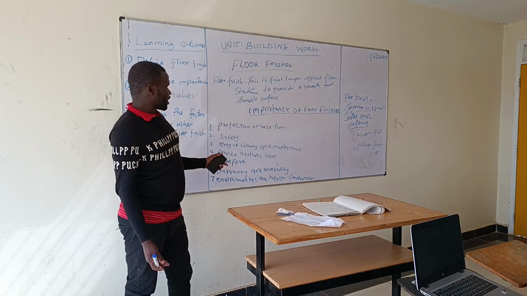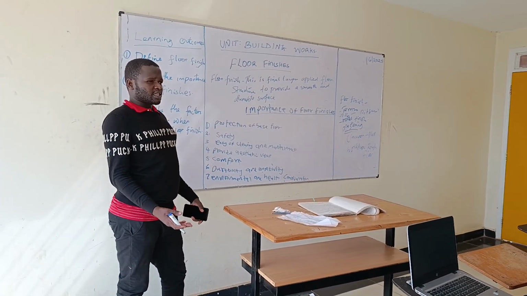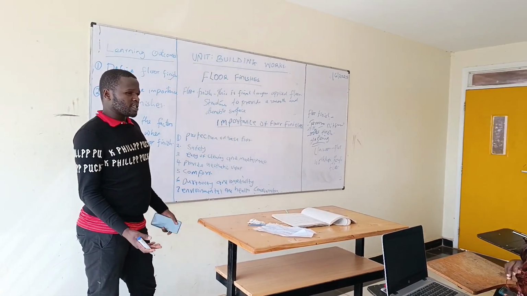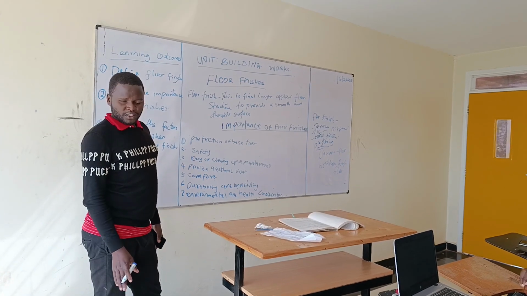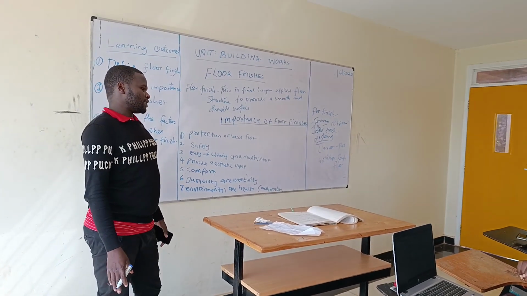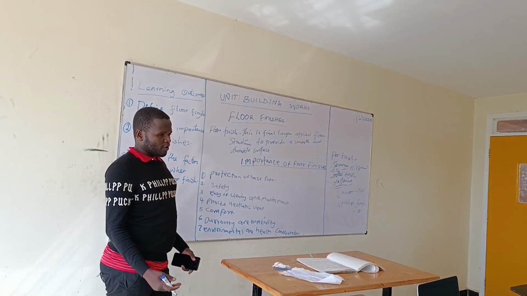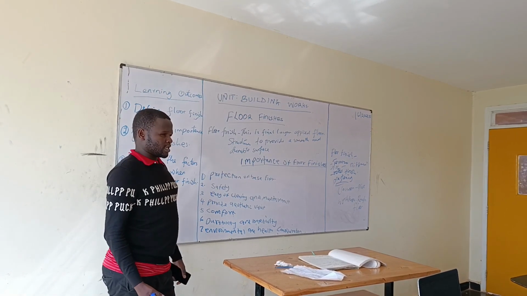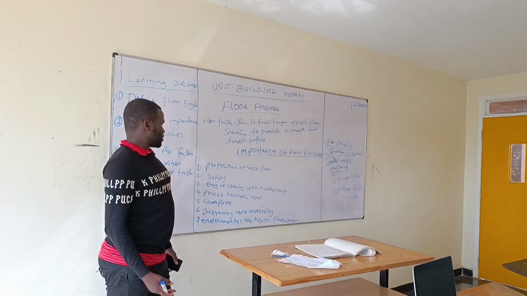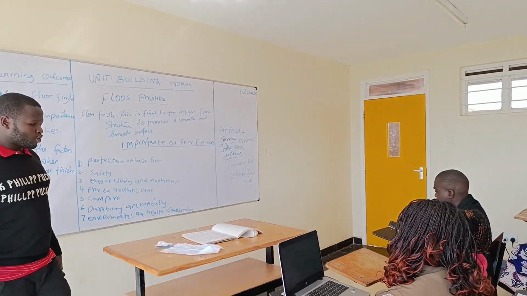Another one is cleaning and maintenance. As you can see in this class, a person can take less than 5 minutes to clean because of its flooring and finishes, unlike other flooring, which can take almost 10 to 20 minutes. So it reduces time.